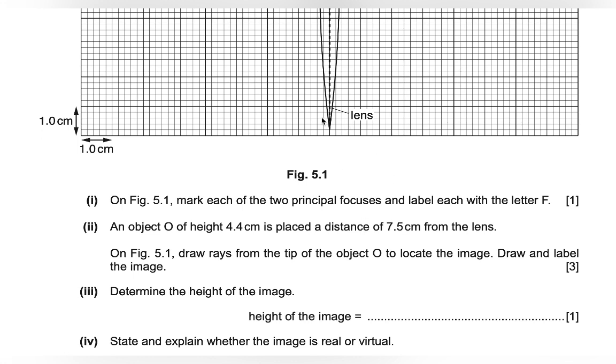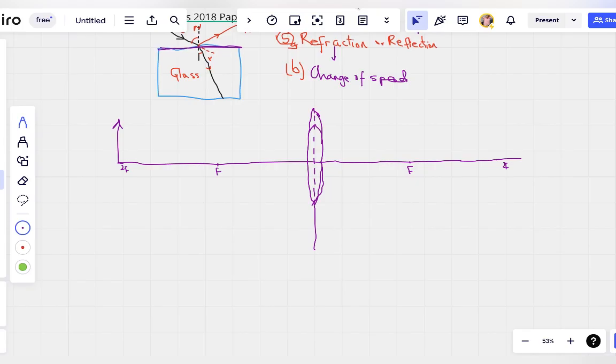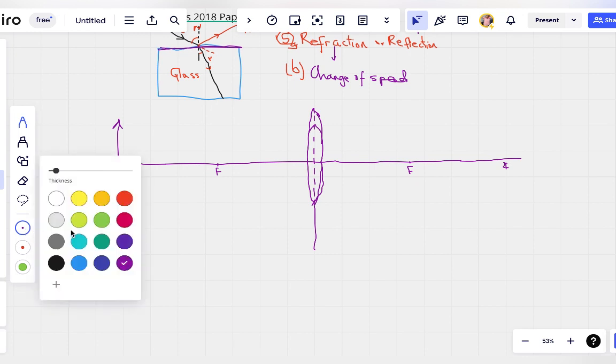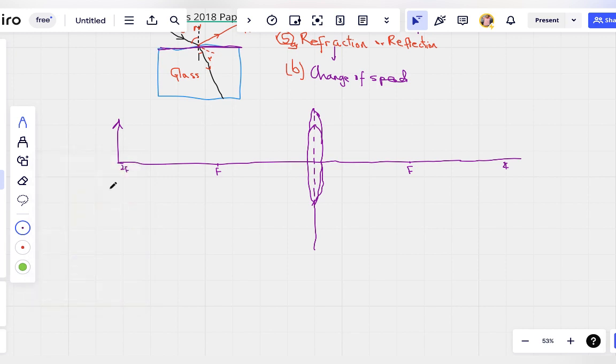What we need to do first is to quickly draw our image. To do that, the ray of light coming from the object, you know, every object has light coming from it, moves parallel to the principal axis.